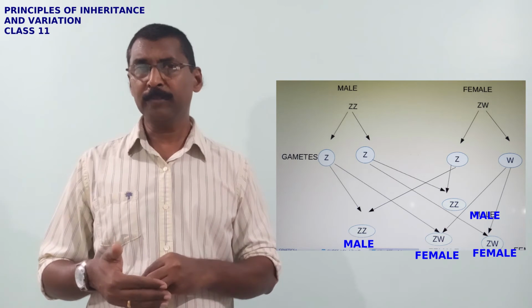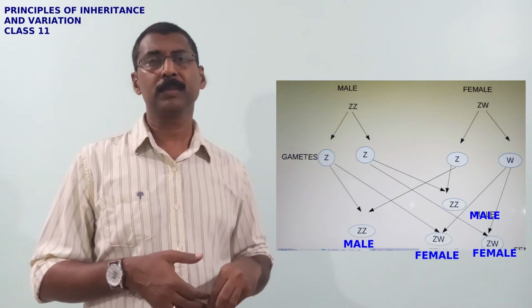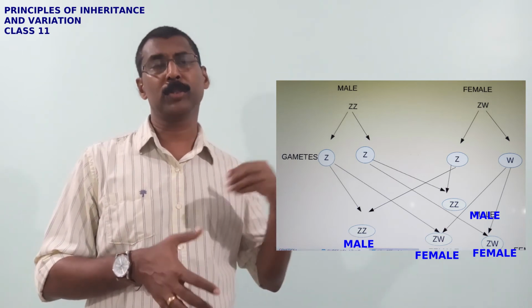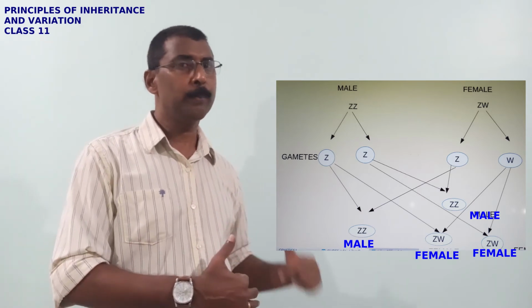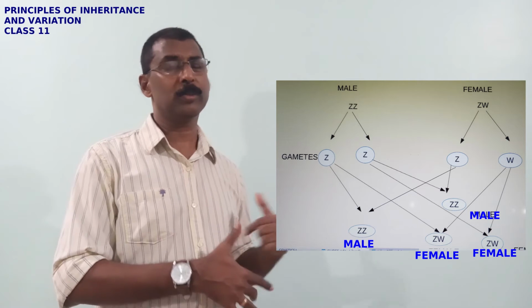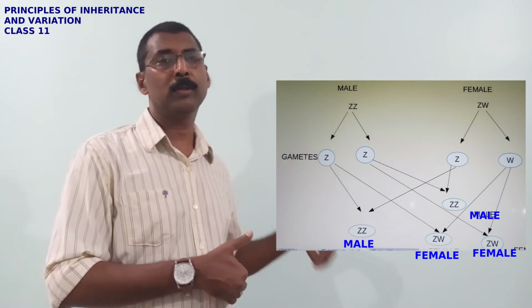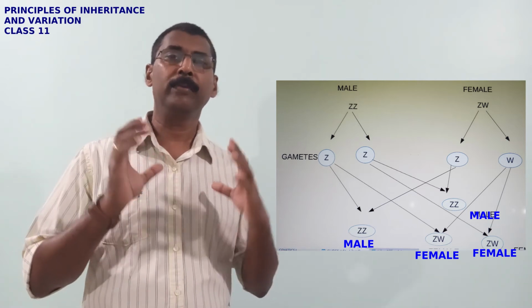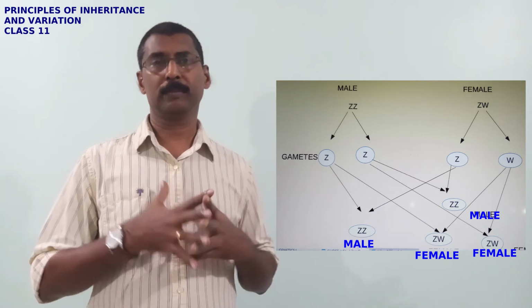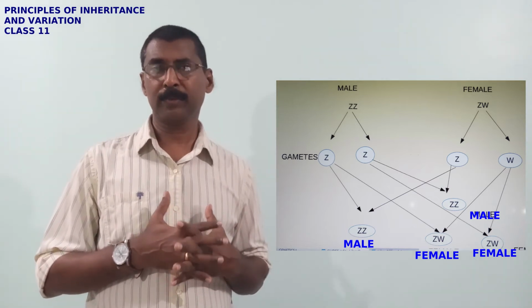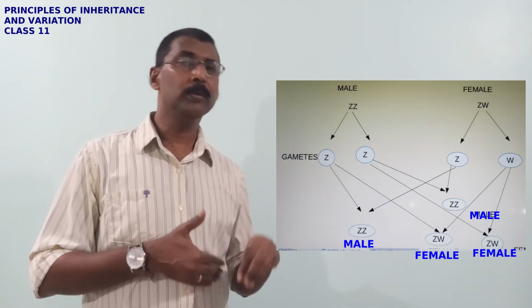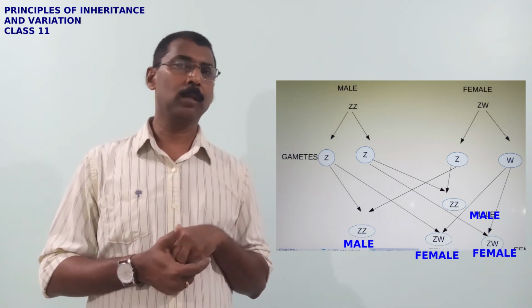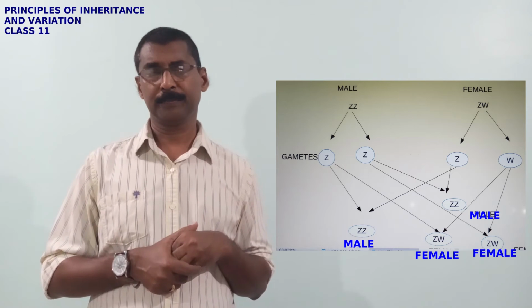And when a sperm fertilizes an ovum with the W chromosome, the zygote would have ZW chromosomes, and that would develop into a female individual, because females have ZW chromosomes as allosomes or sex chromosomes.